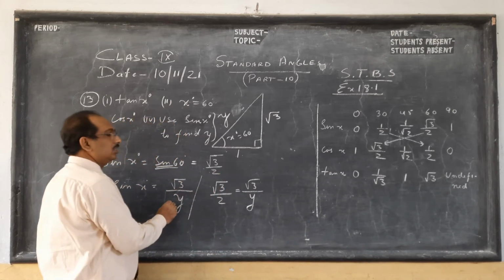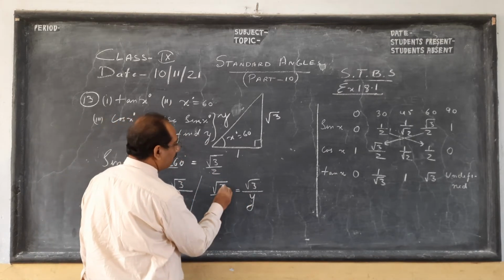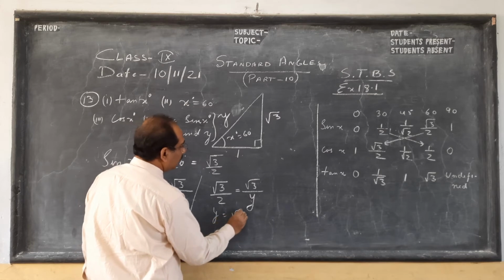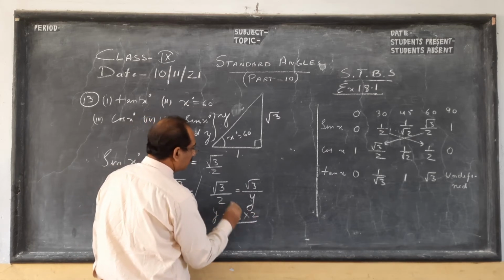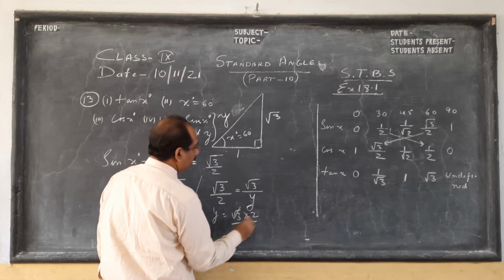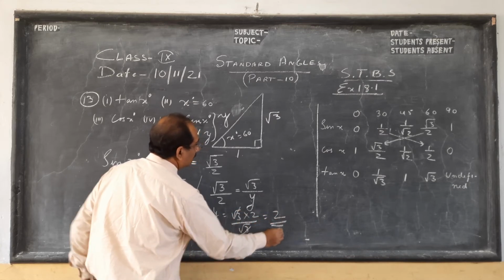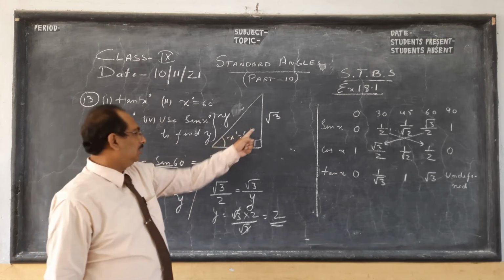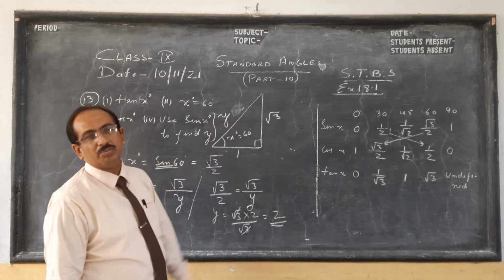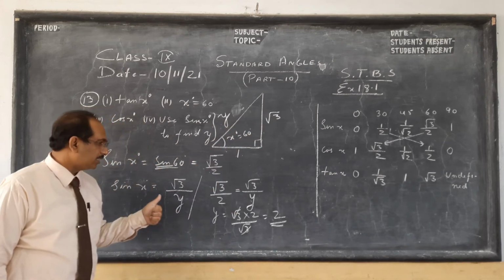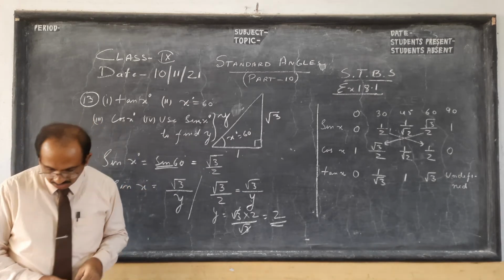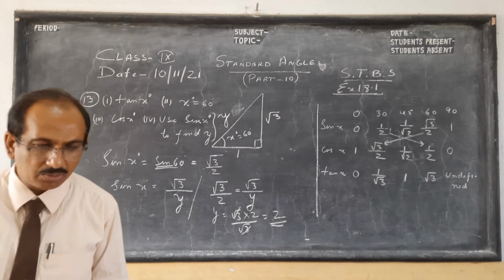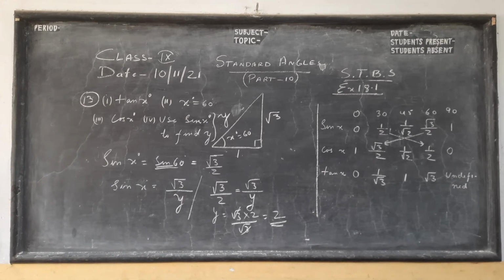So y comes up, root 3 is there, 2 goes up, and this root 3 goes down. We get y as 2 units, whatever you are using. So try to understand how we do this without using Pythagoras theorem. A little tricky question, so kindly pause the video and copy.